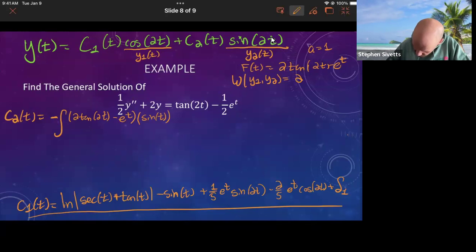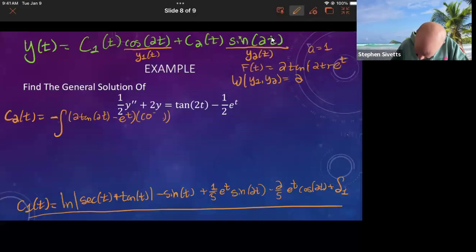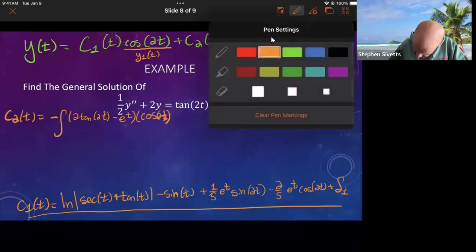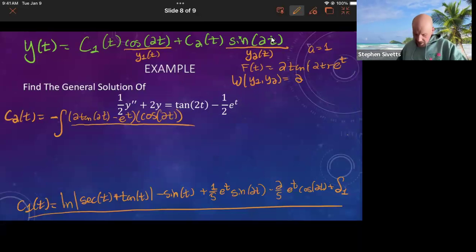Oh, I'm sorry, that's cosine, I meant cosine of 2t, over a, which is 1.